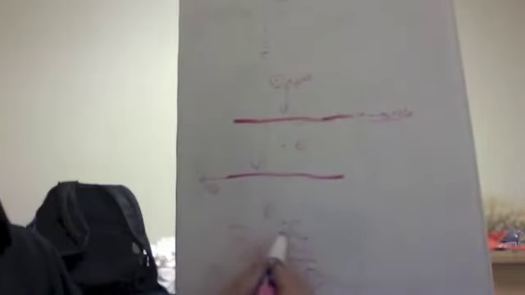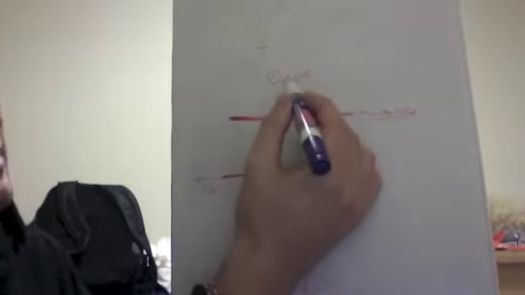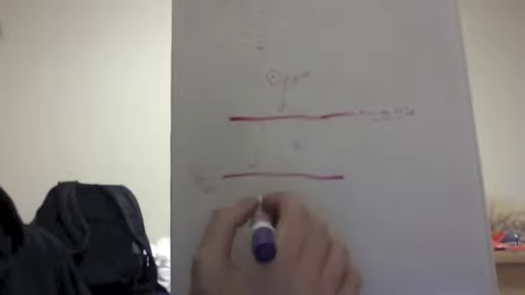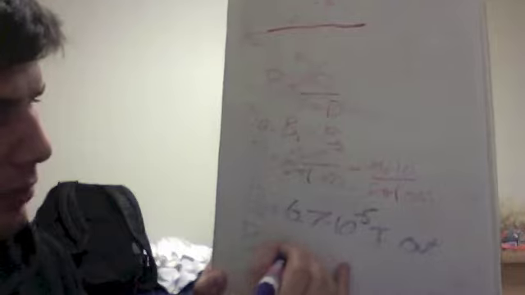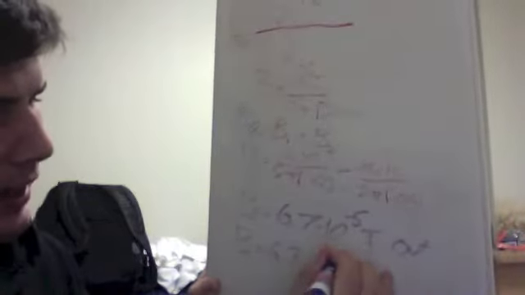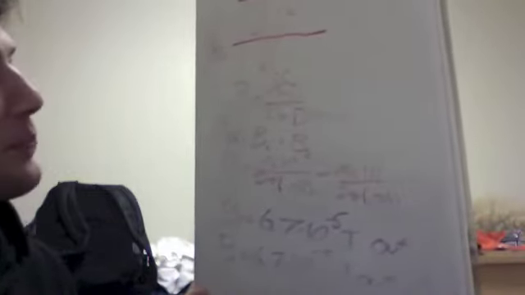So again, we're going to have a net magnetic field out of the board at C, and it's going to have the same magnitude as at A because it's the same distance between the wires. So the magnetic field at C is 6.7 times 10 to the negative 5th Teslas out. So that's both A and C.